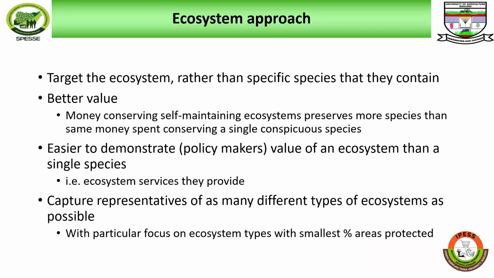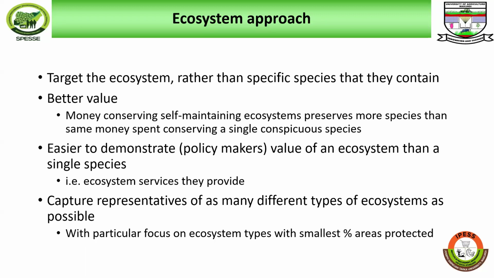The ecosystem approach is to target an ecosystem rather than a species, as they contain better value. So in this case, you're not looking at a particular animal, but you're looking at an ecosystem that supports maybe several species. So it's easier to demonstrate value to an ecosystem than a single species, because you can imagine justifying to a population that because you are interested in one bird or one owl, you are spending this amount of money on it.